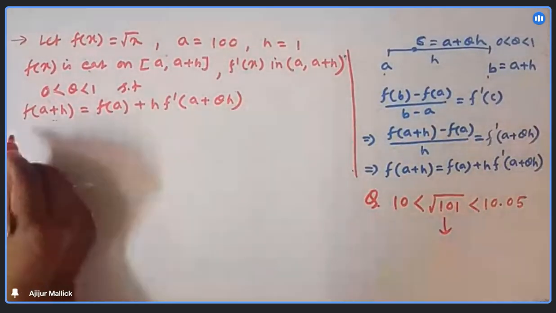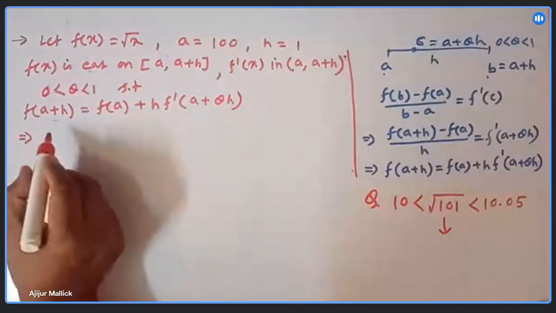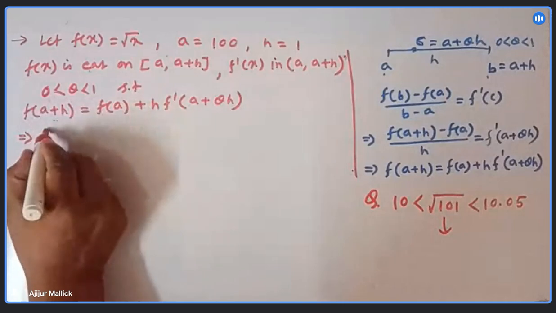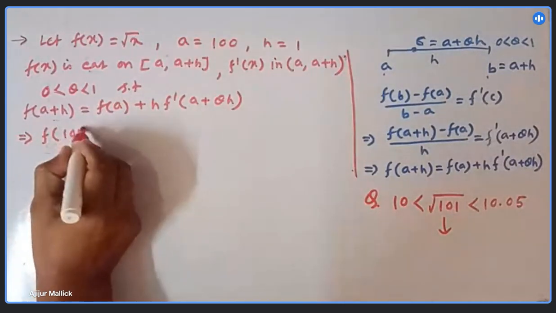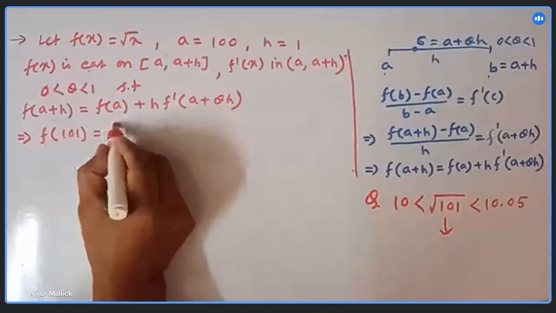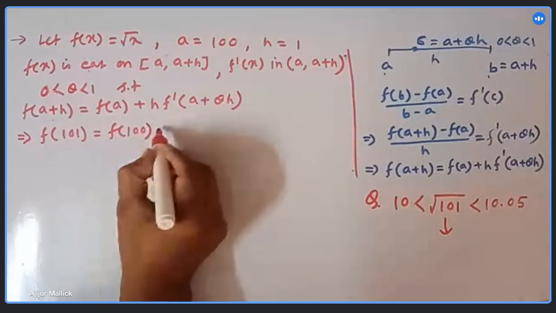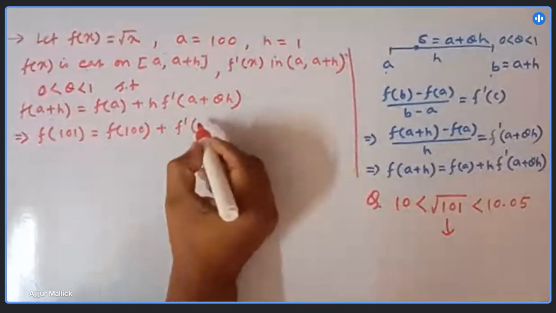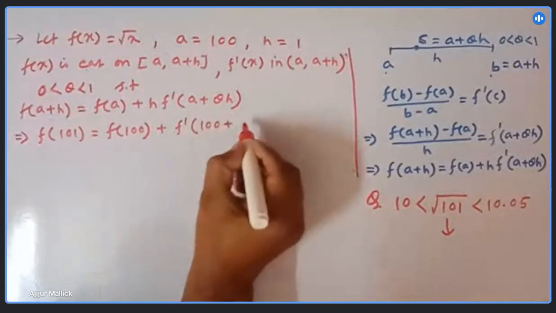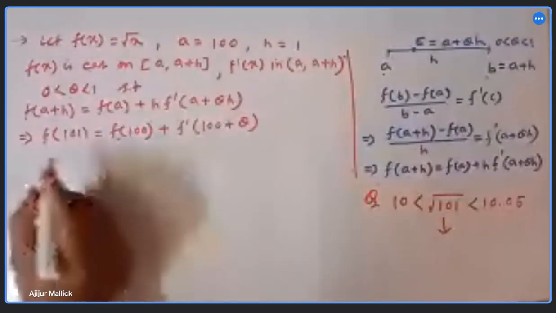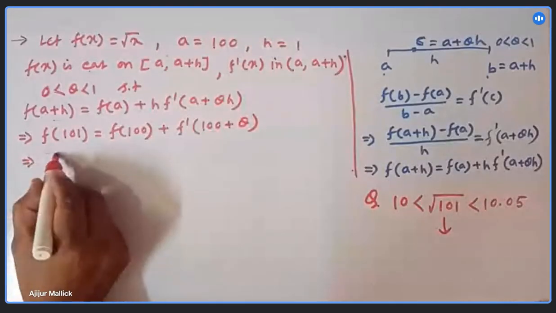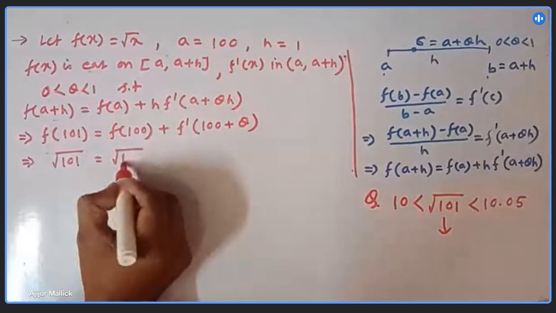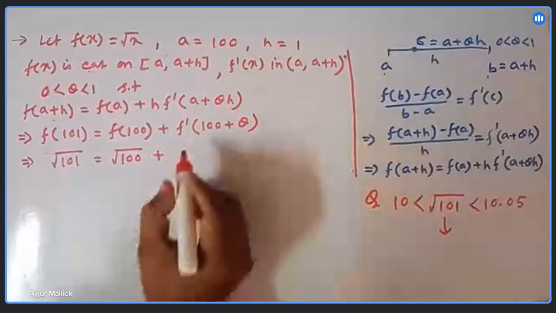Now put all values. So this will give you f of 101 is equal to f of 100 plus h, which is 1, into f dash of 100 plus theta. So root of 101 is equal to root of 100 plus f dash.